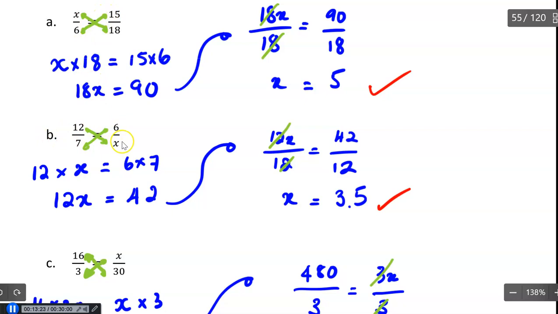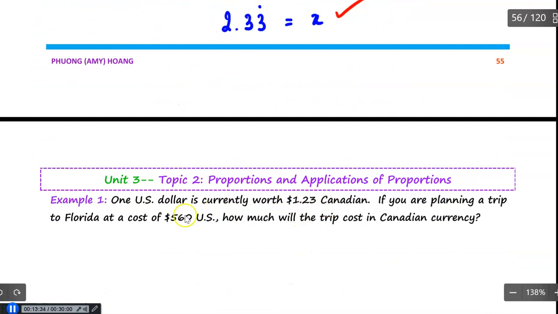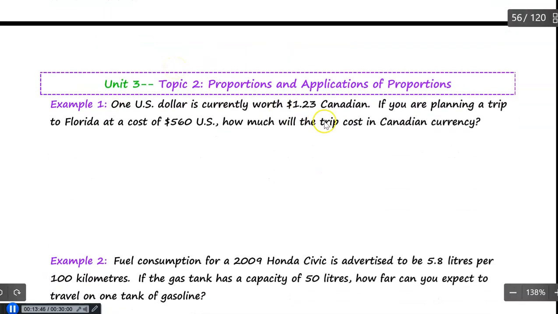So if the x is in a different position, your equation works differently, right? If you find your unknown and put it in the wrong spot and form a wrong proportion, even if you apply the same concept of cross multiplying and solving for the unknown, if x is in the wrong spot, you will probably have the wrong answer.